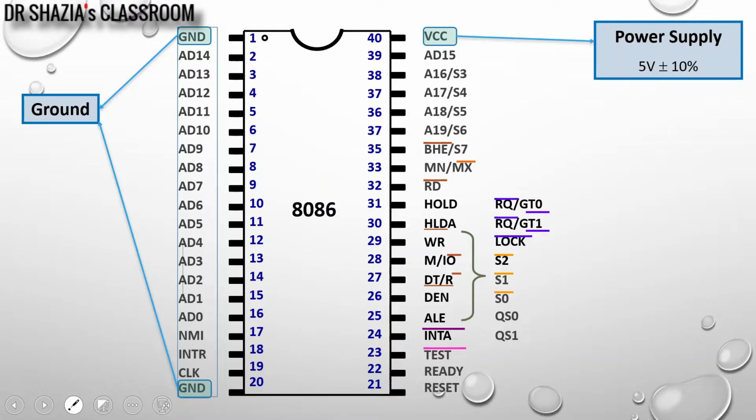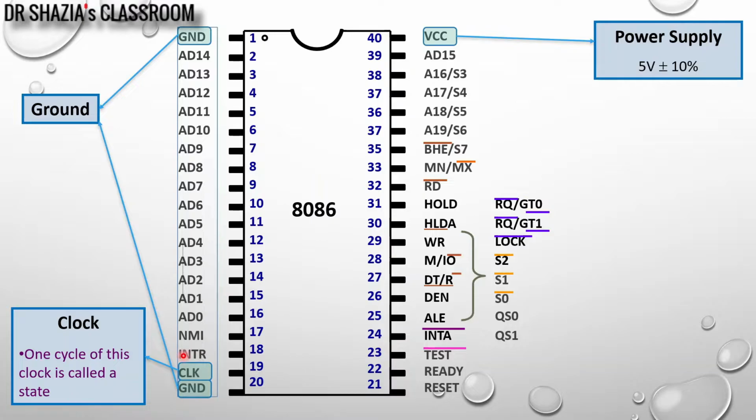The next very important signal required by the 8086 processor is the clock signal. As in the previous slide I discussed the clock, the processor is a synchronous sequential circuit, so all the operations will take place with respect to this particular clock. One cycle of this clock, which is the time period, is called a state or a T state.